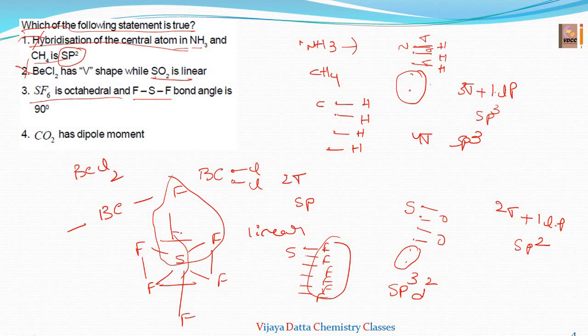Also here, this and this, both are perpendicular to each other. This one is 90. So which of the following statements is true? SF6 is true.